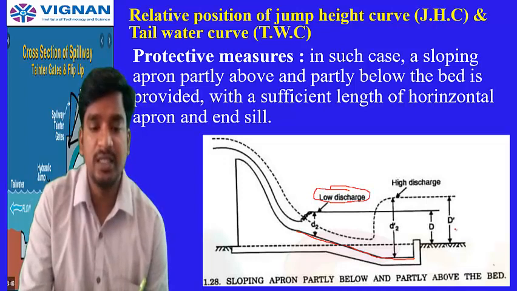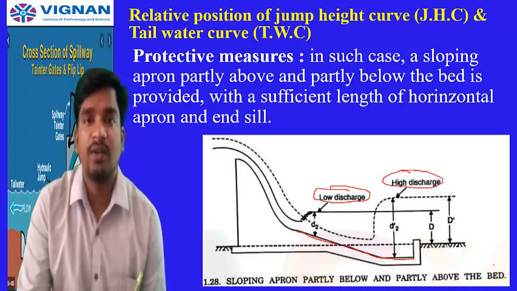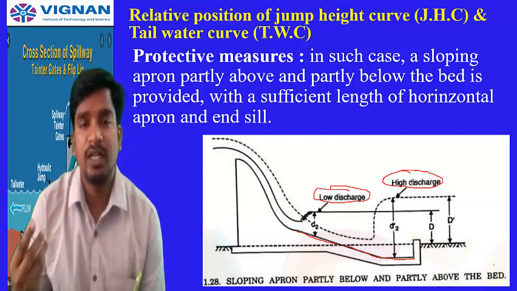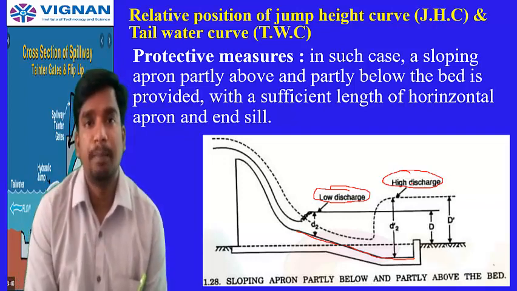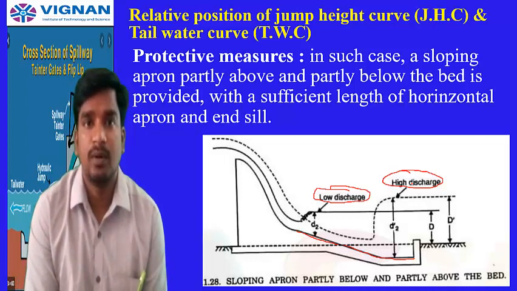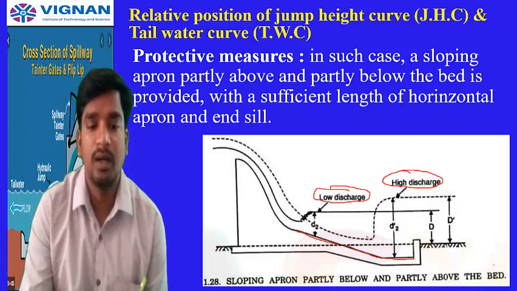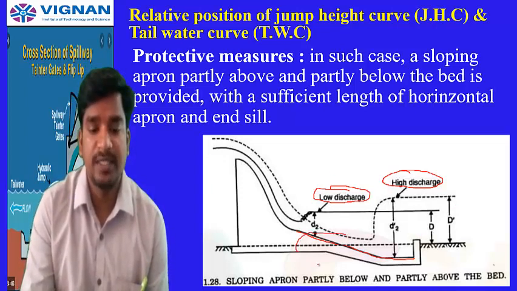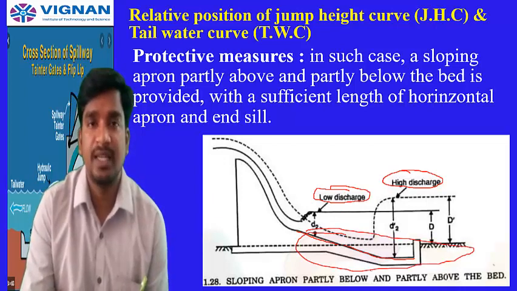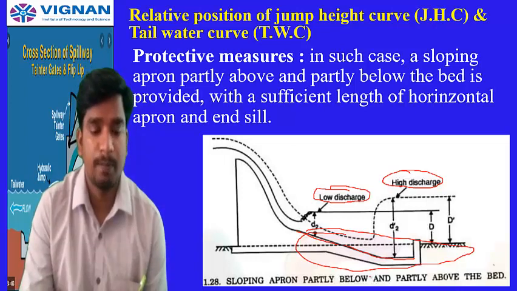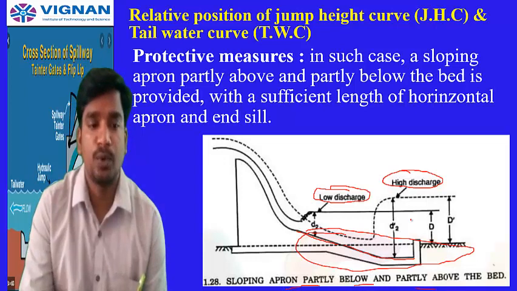Under low discharges and under high discharges, our required jump formation will be sufficient at the required depth and the tailwater depth is also met. This is how you can protect the Stilling Basin area under variable discharges, by reducing the energy of water. So the sloping apron, partly below and above the bed, is the controlling measure.